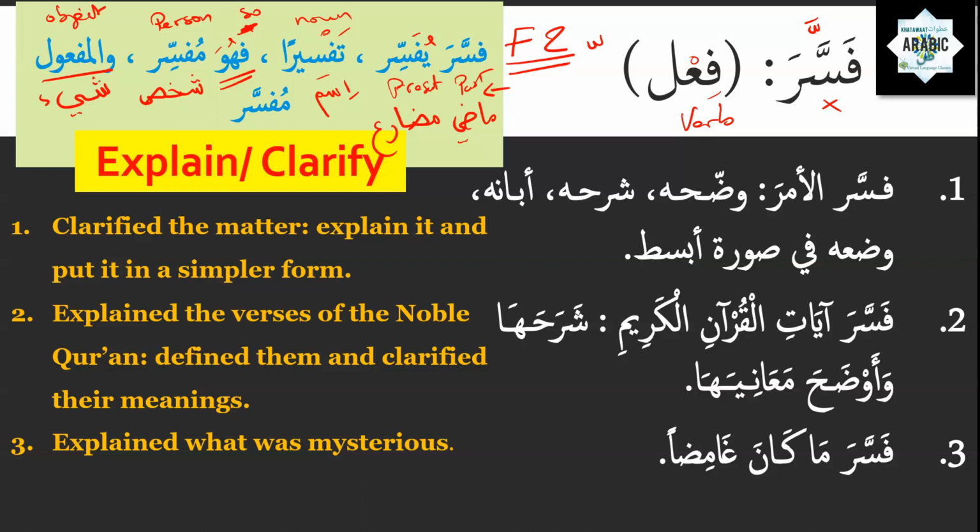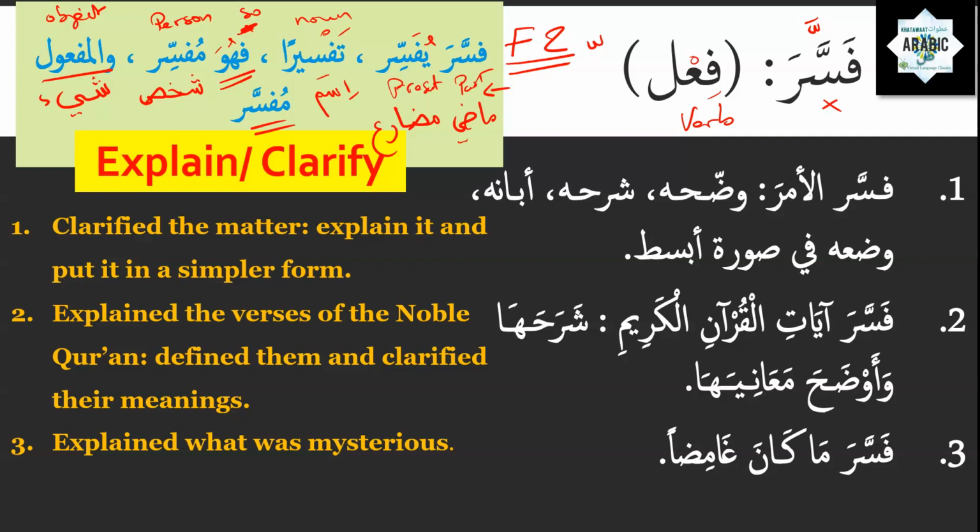So shakhs mufassir, the person is explaining or clarifying. He's a clarifier, I don't know if we say that, or explainer. Then mufassar is the thing that is explained. Mufassar, it's an object.